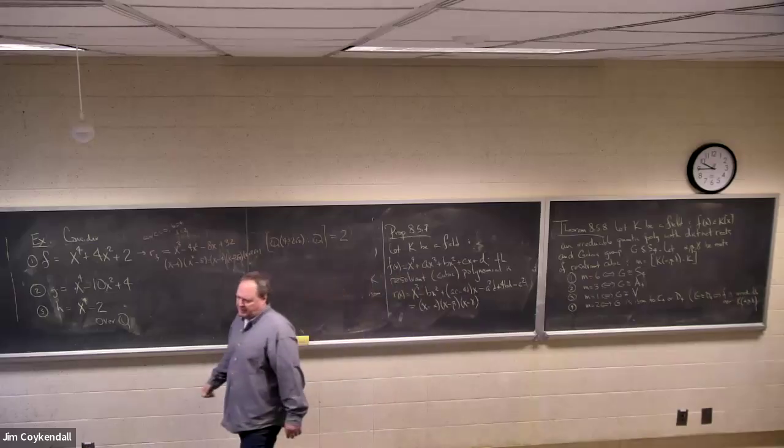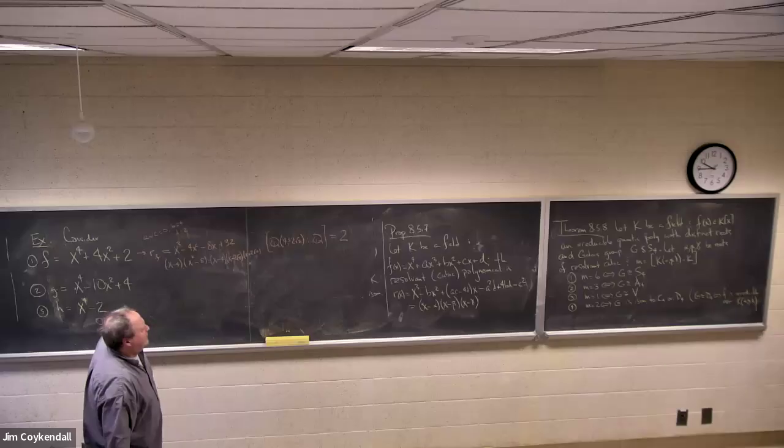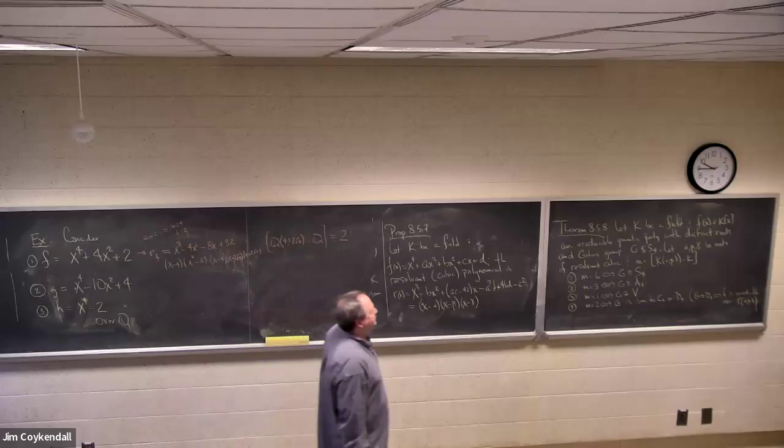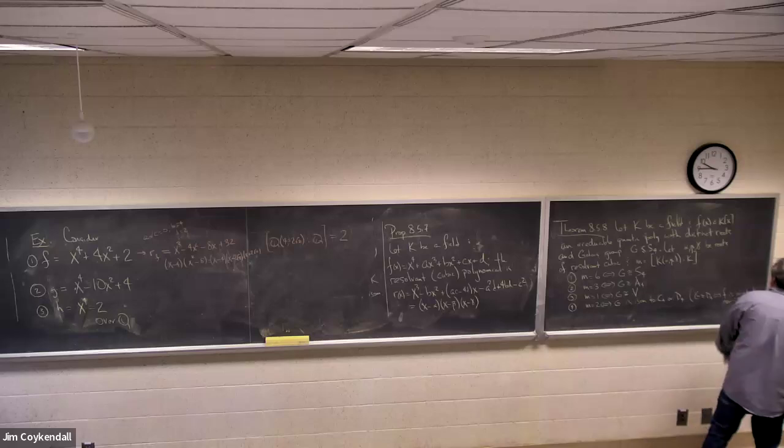That 2 is where this thing bifurcates. I'm sorry, this is either cyclic or dihedral. And that's dihedral if and only if F is irreducible over this.